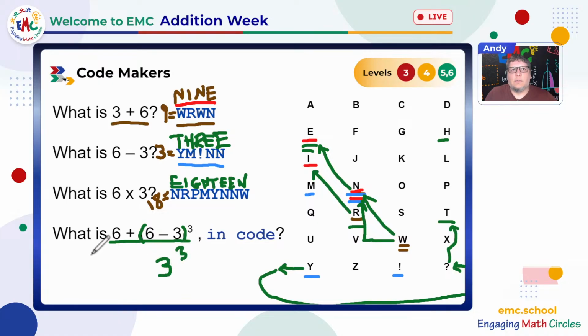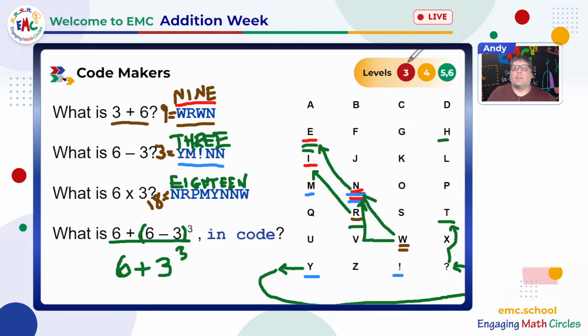Keep the cube. Keep the 6 plus out front. Then what do we want to do next? That's right. After parentheses comes exponents. So we want to do 3 cubed.